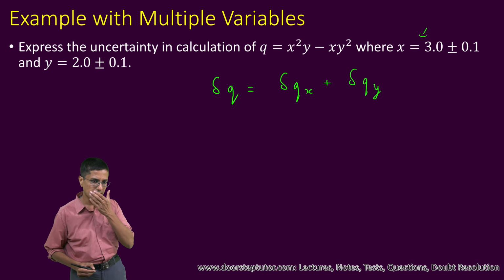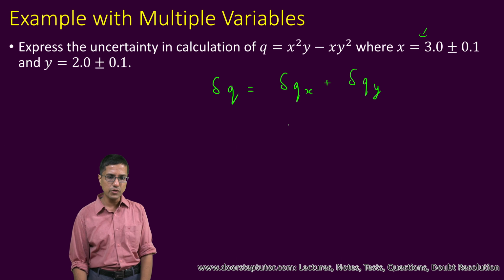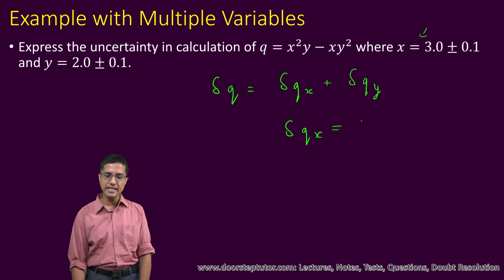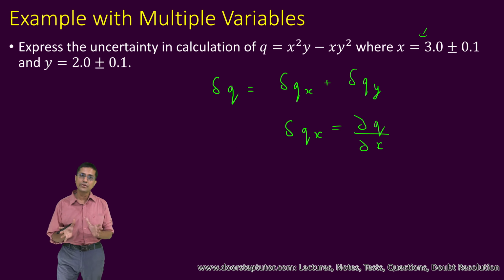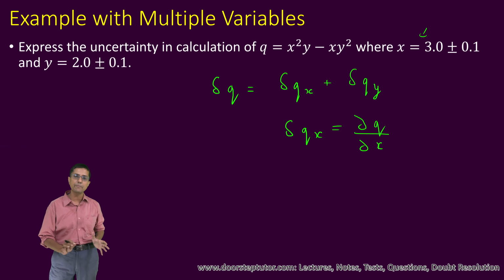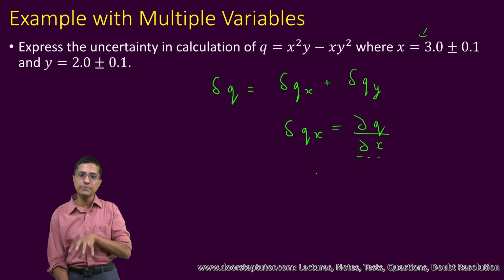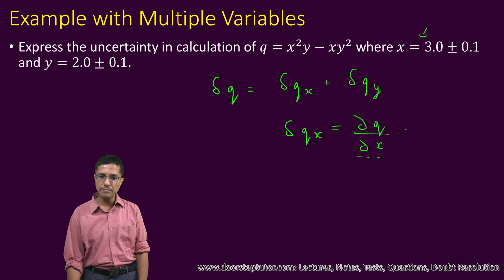Very, very simple. Now, what about the error in x? The error in x, delta q x, we already know that it is nothing but the partial derivative of q, del q by del x, which tells me the rate of change of q with respect to x when y is kept constant, multiplied with delta x.